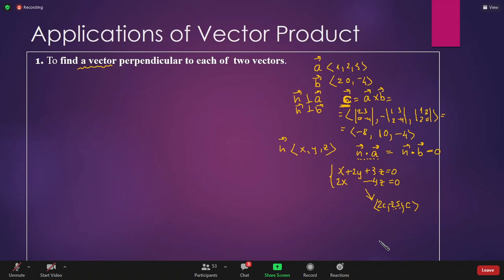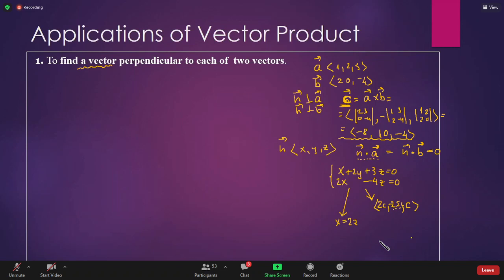This is easily solved. So x is actually equal to 2z from this. So if z is c, then x is 2c. And then when we put x and z as 2c and 3c in there, we would get the coordinates that are collinear to these.